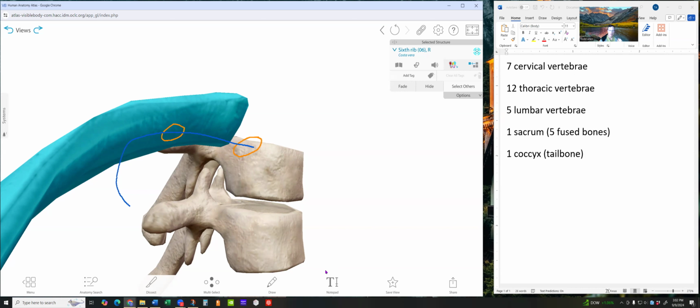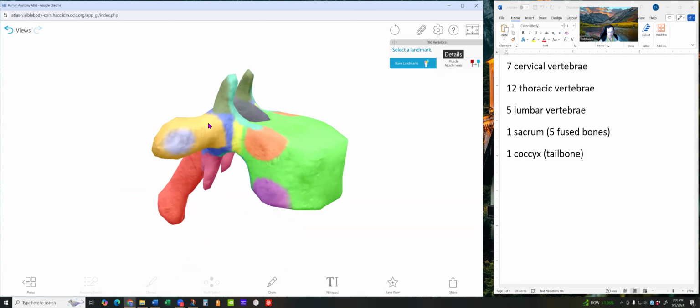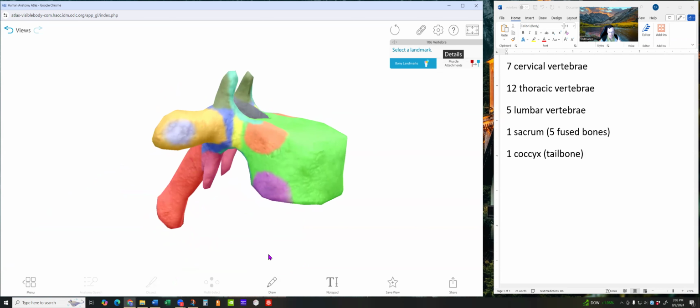Let me highlight an individual vertebra and go up to details. Okay, so the rib that we had placed on your screen a moment ago touched here, the superior costal facet, which on your word bank is called the superior costal (demifacet) for the head of the rib.